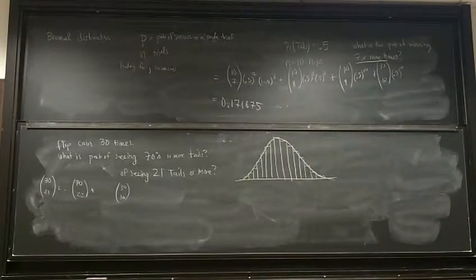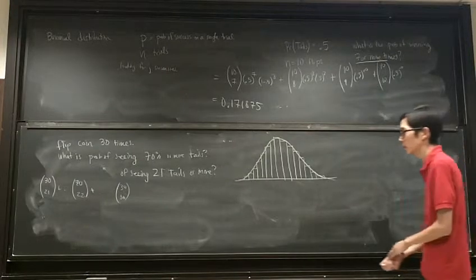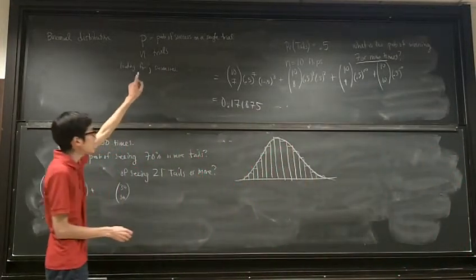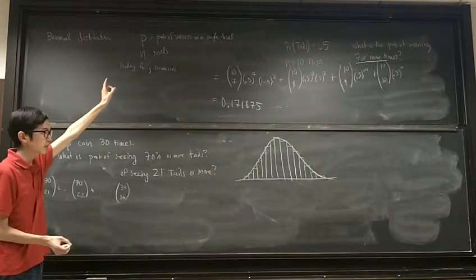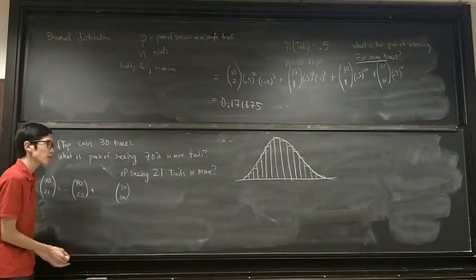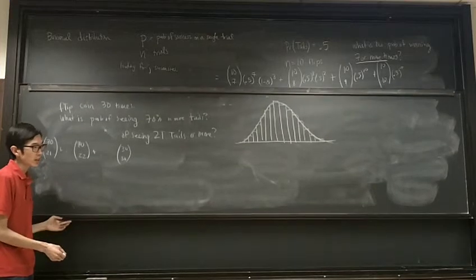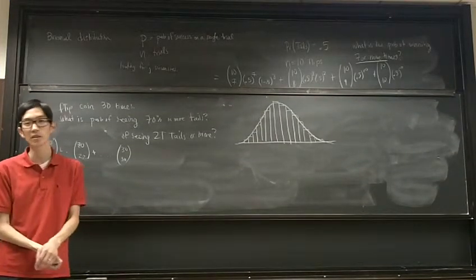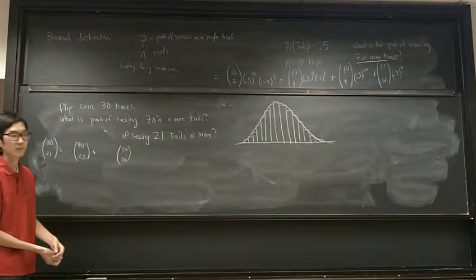So we can approximate the binomial distribution using the normal distribution. The binomial has n trials and p probability of success. The normal distribution has a mean and a standard deviation. What do you think we're going to use for the mean and the standard deviation?